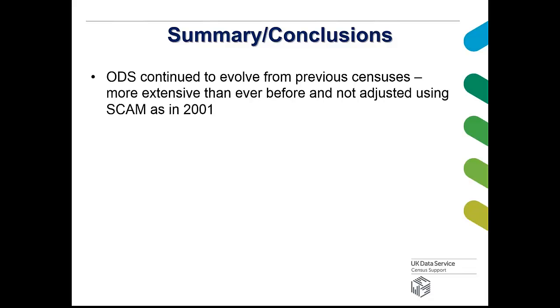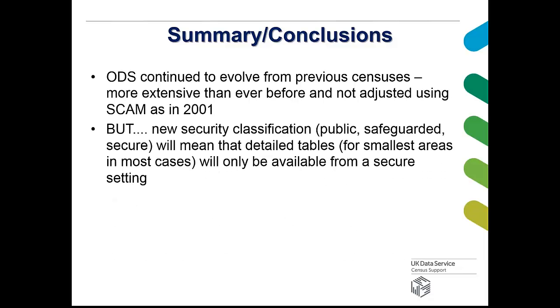And that brings us to the end of our brief tour around the data. So some conclusions from that before we go on to questions. The origin and destination data have continued to evolve from previous censuses. We've got more data sets than we've ever had before, more different types of data. Also, they're not adjusted as they had been in 2001 using a mechanism known as small cell adjustment methodology.